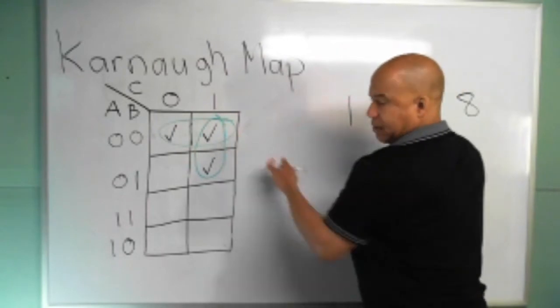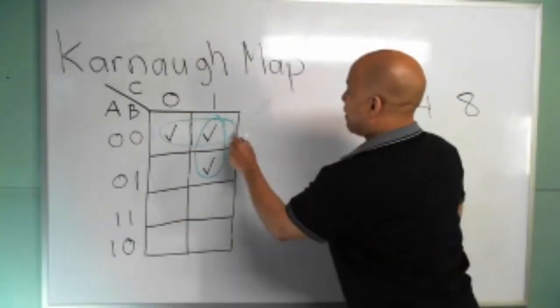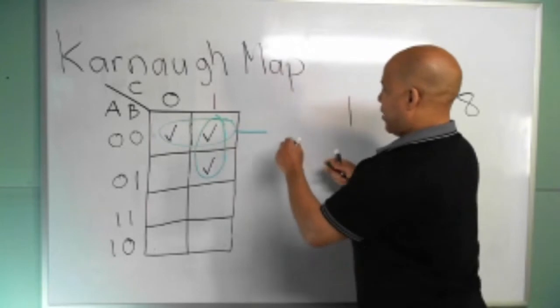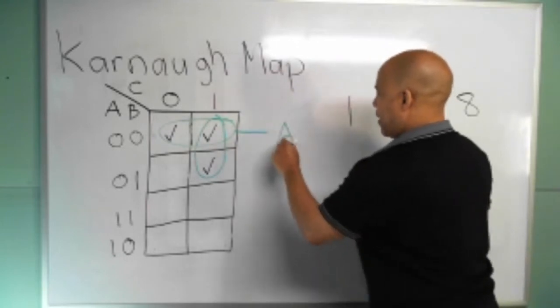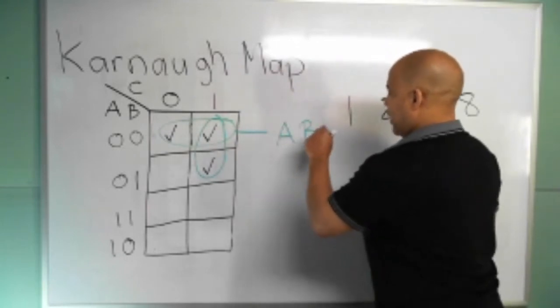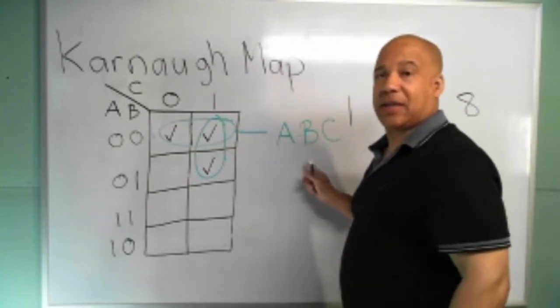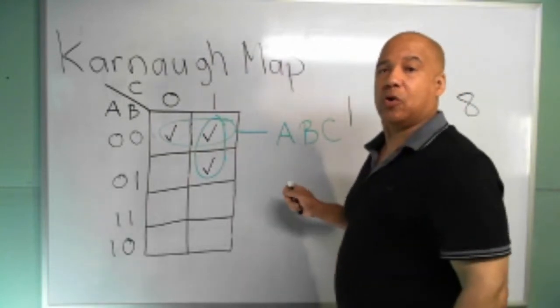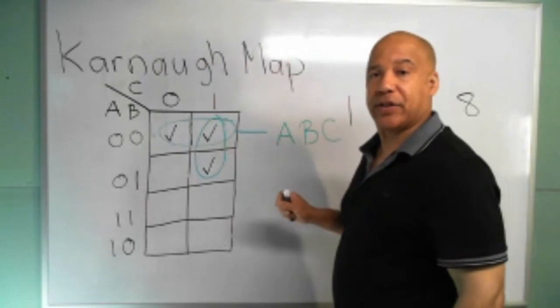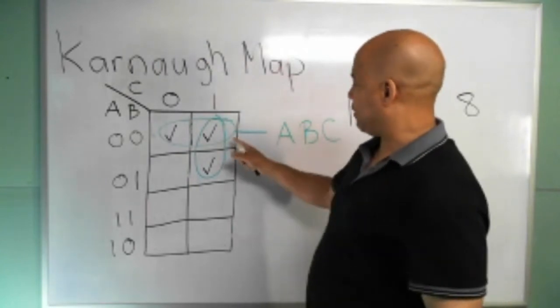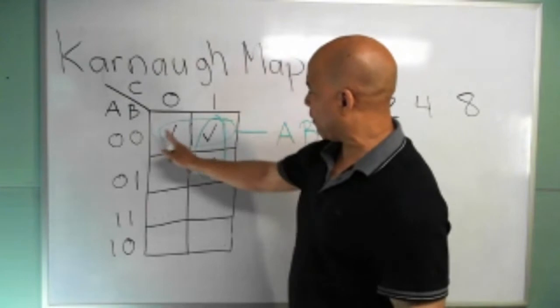Let me bring the line out. So this group right here, I got A, I got B, and I got C. One of these is going to drop out, and the one that's going to drop out is the one whose bit value in the cell changes. So what I'm saying is, for this group here, we're going this way. We're going across this way.